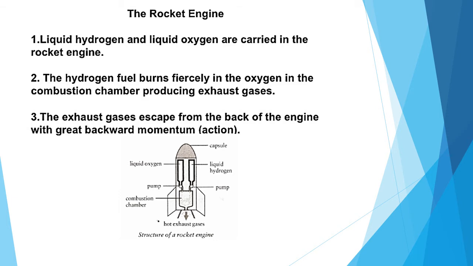So you can see the structure of the rocket engine. So look at the capsule. This is the place for the astronaut, right? And you can see the chambers for the liquid hydrogen and liquid oxygen. Then we have the pump, which pumps these two liquids into the combustion chamber. So this is where the internal burning occurs, producing hot exhaust downward. That means the movement of the rocket is upward.